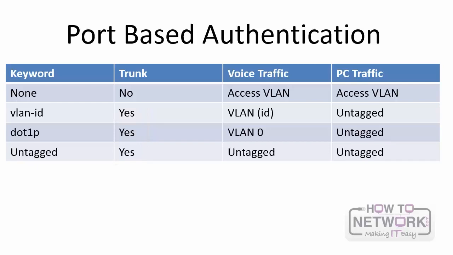Now please note, if you do choose dot1p, it places voice packets on VLAN 0, which requires a VLAN ID, but it does not require a unique voice VLAN to be created. Untagged mode puts voice packets in the native VLAN, and as you know, the native VLAN does not require a VLAN ID or a unique voice VLAN.